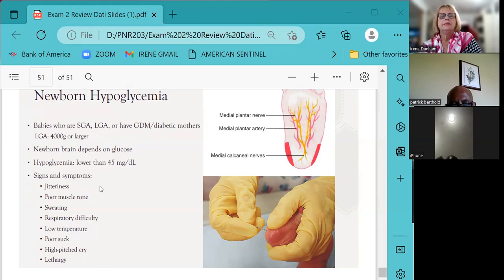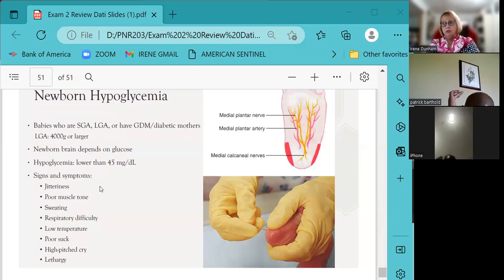The babies show some signs and symptoms. If they're real jittery, then their blood sugar is low. They have poor muscle tone, so when you're doing your APGAR, they don't have good muscle tone. You can pick that up right there. Sweating, respiratory difficulty, you would see that also very early.